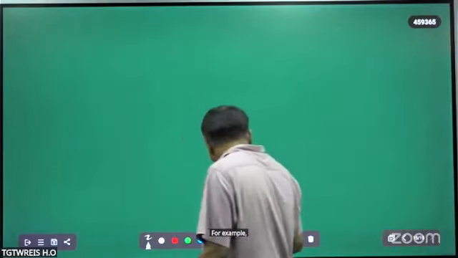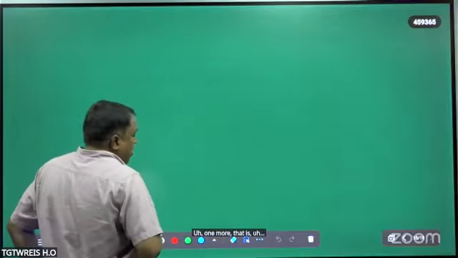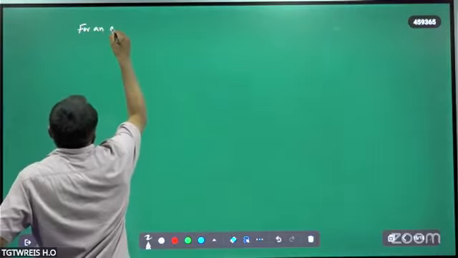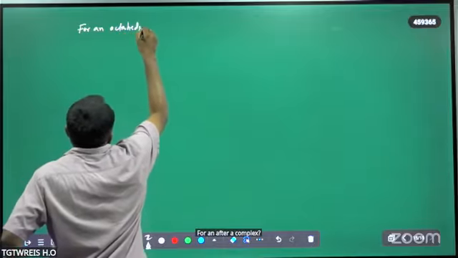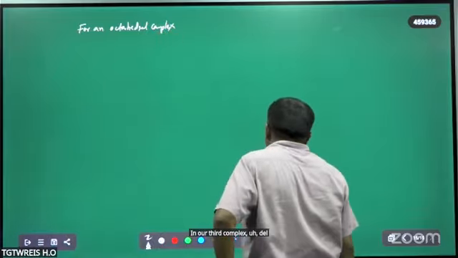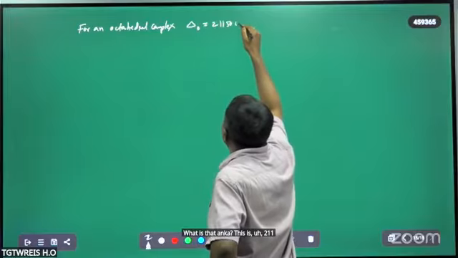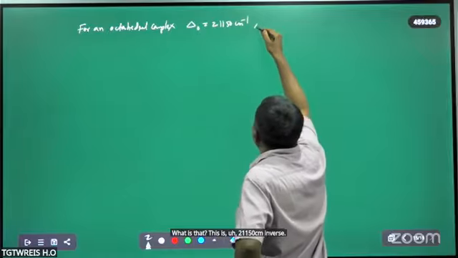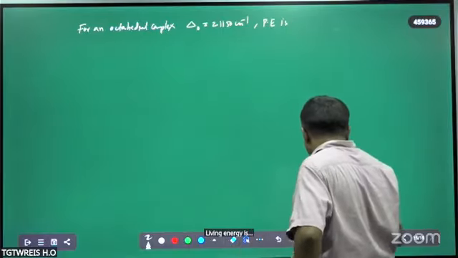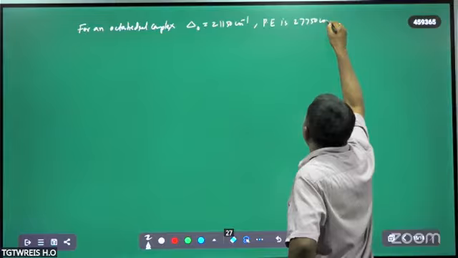For example, one more, for an octahedral complex, delta naught is 21,150 cm⁻¹. And the pairing energy is more than this, 27,750 cm⁻¹.